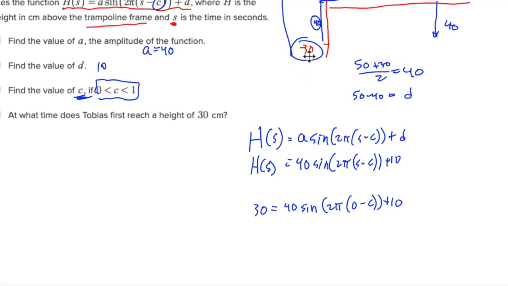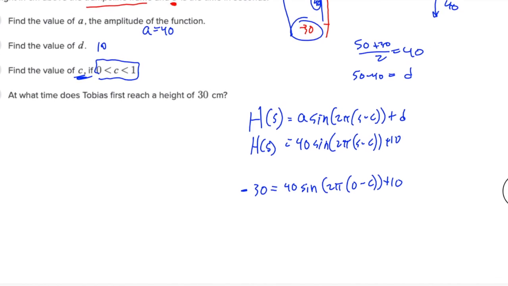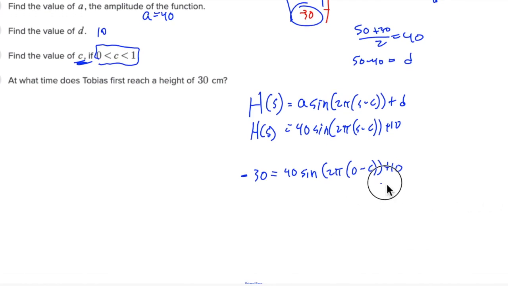Remember, that was below the trampoline, so that's going to be negative 30. All right, so first I can subtract 10. So I get negative 40 equals 40 sine 2 pi (0 minus c).